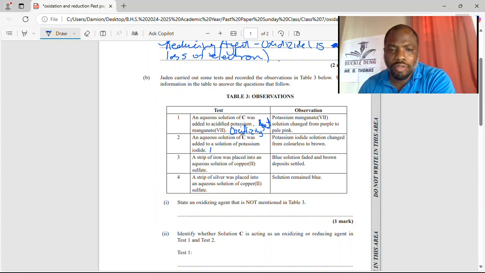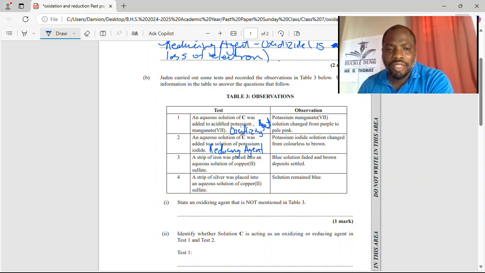Reducing agent. See? So we understand. Right? We basically have the potassium iodide solution changing from colorless to brown.